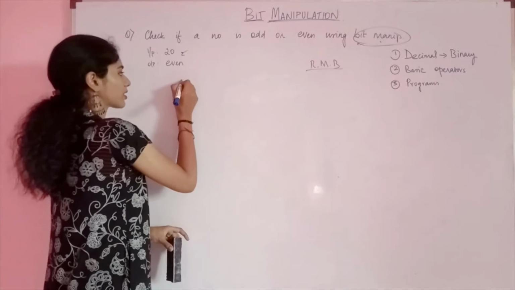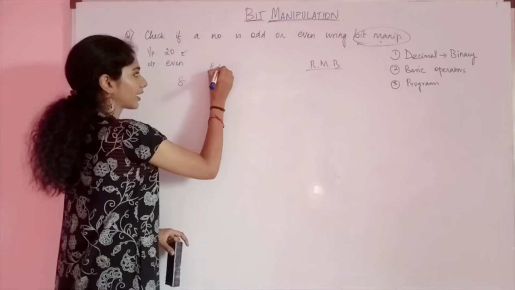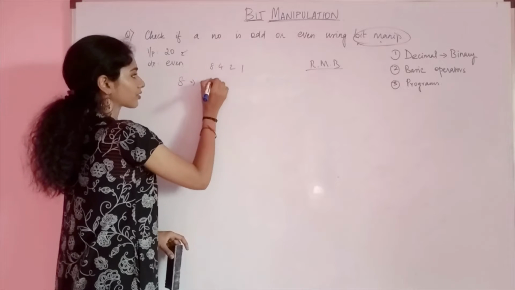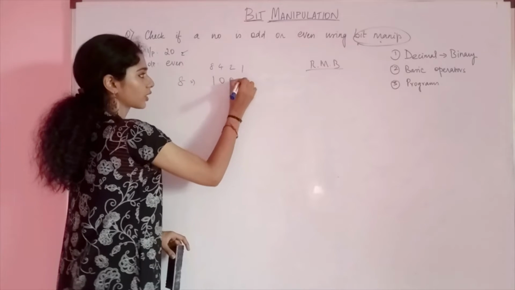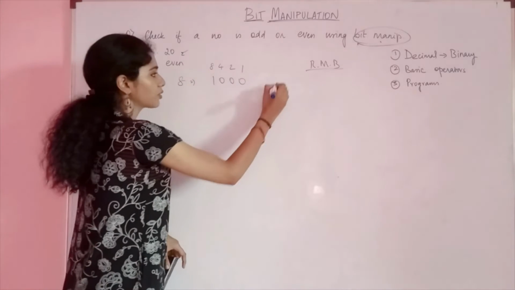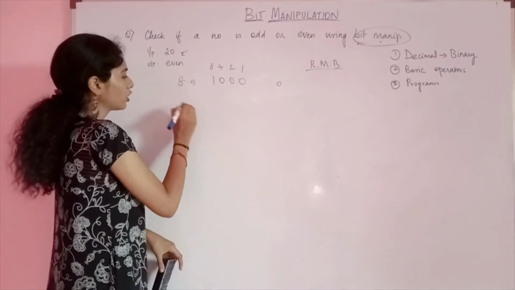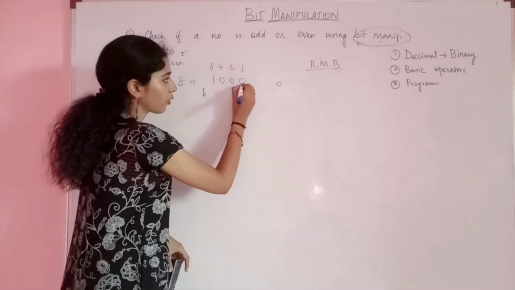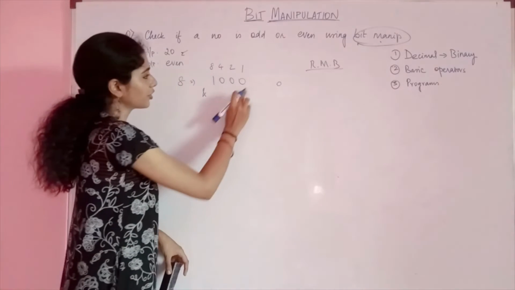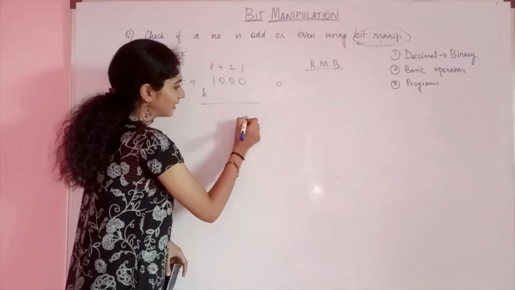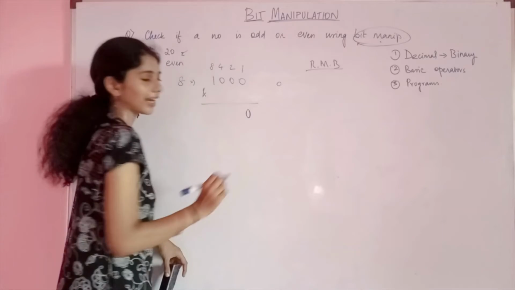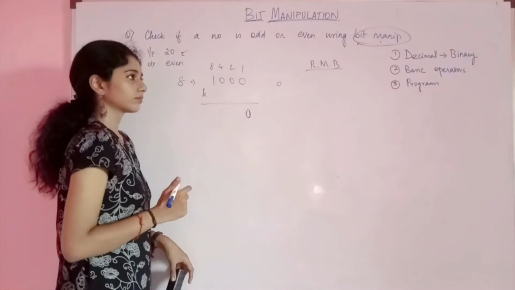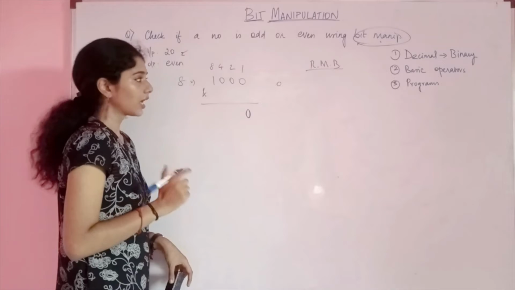Suppose that I have 8: 8, 4, 2 and 1. In the binary representation, what is the rightmost bit? The rightmost bit is 0. Let me AND it, because I need the rightmost bit. What should I AND it with so that I get the value of only the rightmost bit? Can I tell it's 1?